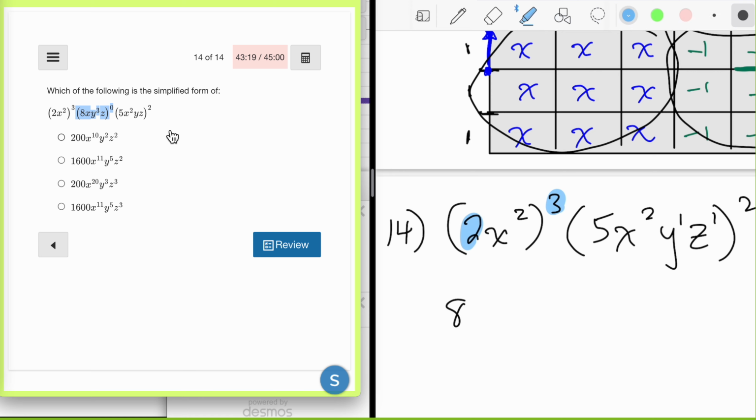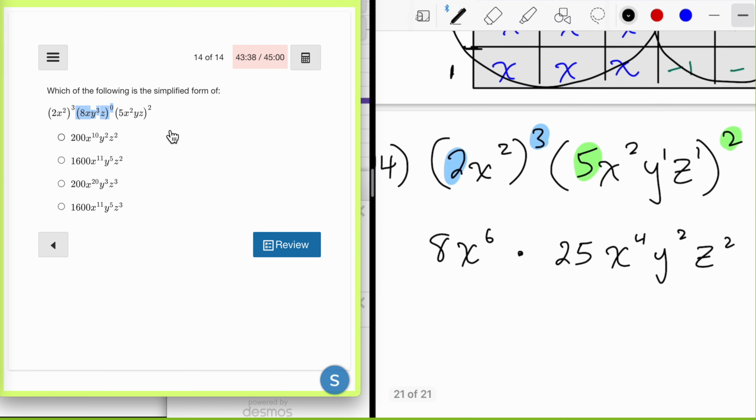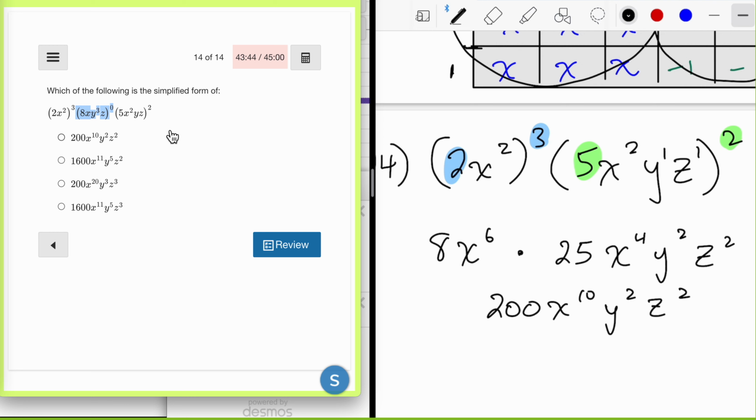Multiply your exponents, so x to the sixth. 5 to the second gives you 25. Then multiply your exponents: x to the fourth, y to the second, z to the second. So we're looking at 200, x to the 10th, y to the second, z to the second.